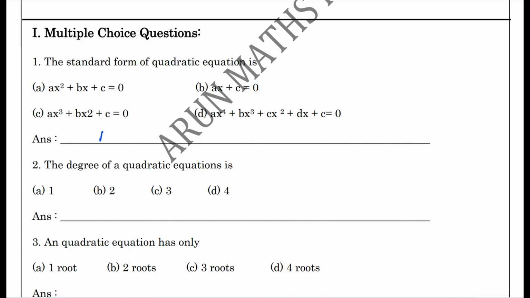Therefore, the correct answer is option A. B is not a quadratic equation because the highest power here is 1. And C is not a quadratic equation because the highest power is 3. D is not a quadratic equation because the highest power is 4. Therefore, the correct answer is option A, ax square plus bx plus c equals to 0.